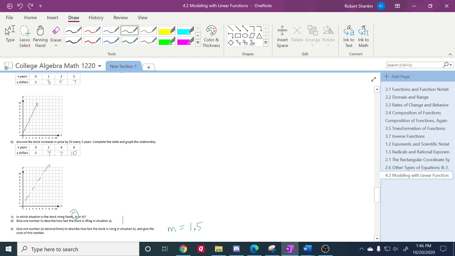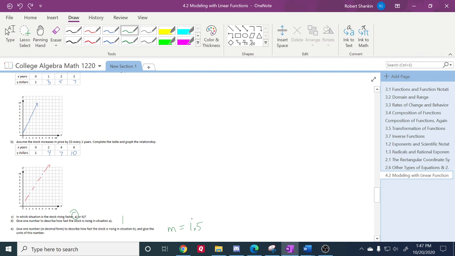So I'd agree with you on A. Give a number to describe how fast the stock is rising in situation A. Well, this 1, it'd be nice to get units with that, and with this one, the 1.5 right over here.